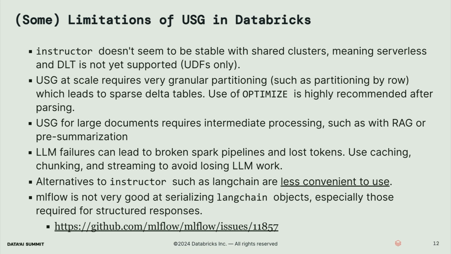I said this already, but documents that are large really need some type of intermediate processing for this to work at scale. Obviously, modern models are very capable of very long context. Databricks DBRX is 32K, and GPT-4o and Claude 3 models are 128K or more. I think Claude's even 200K. So they can handle that amount of context.